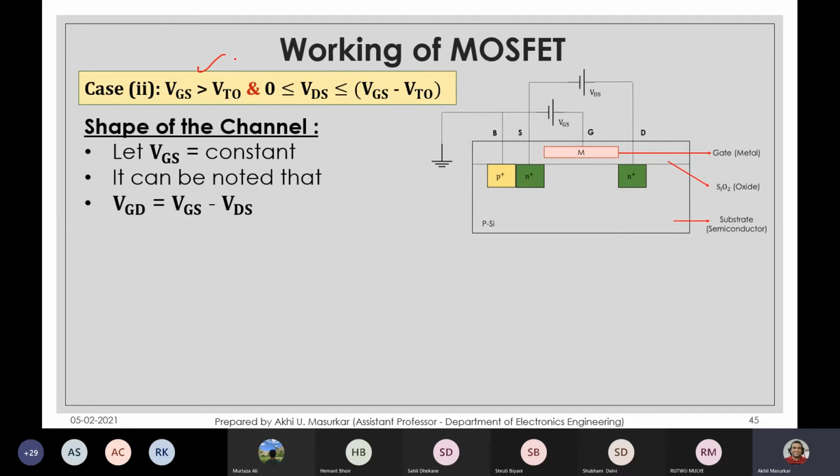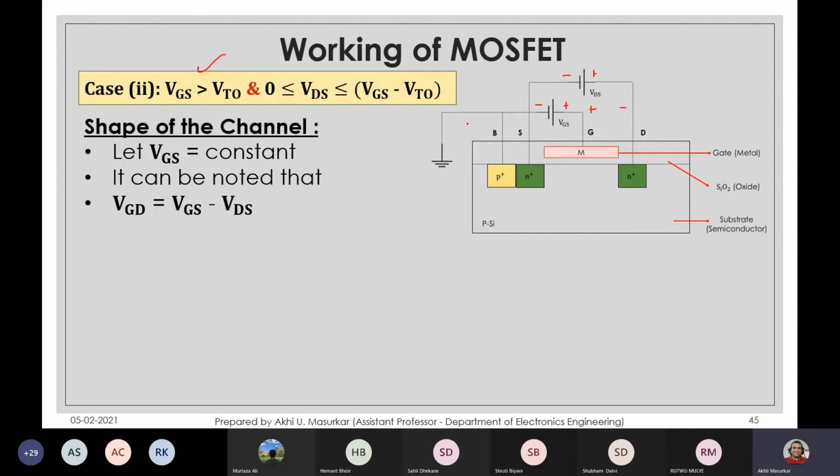it can be noted that VGD is equal to VGS minus VDS. So you can just note it this way: VGS has plus and minus, and VGD has plus and minus.